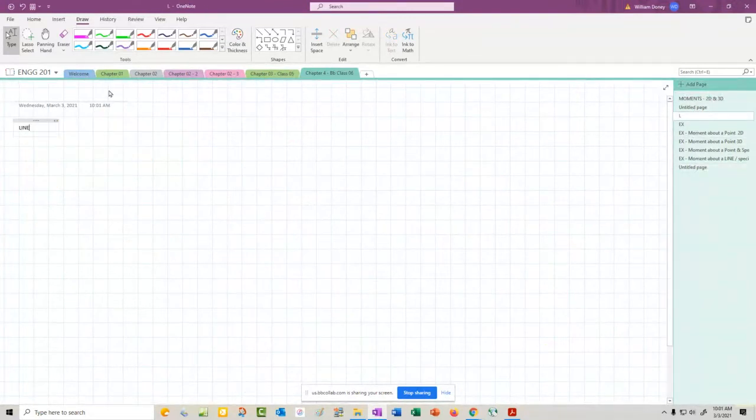I need to introduce something real quick before we go into the next topic. Line of action of a force.